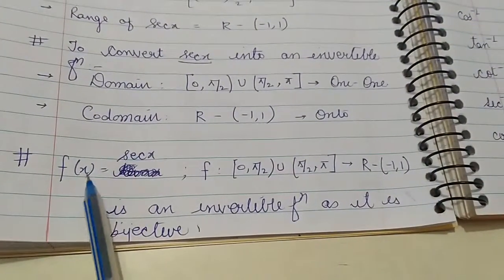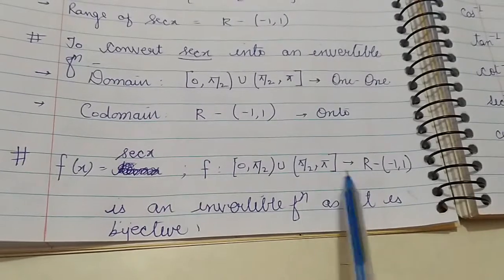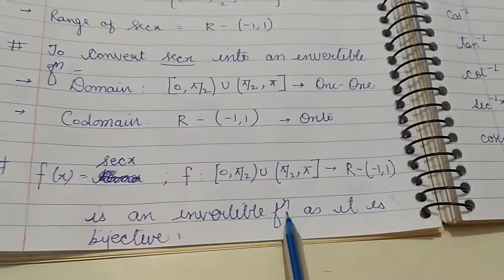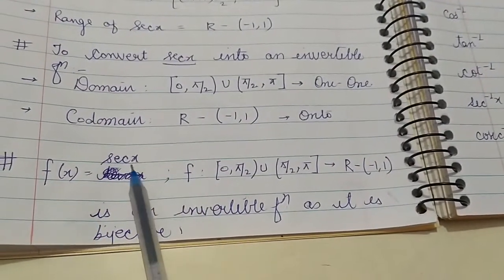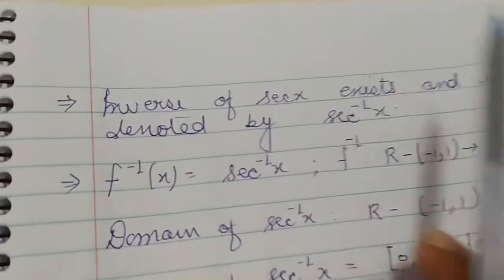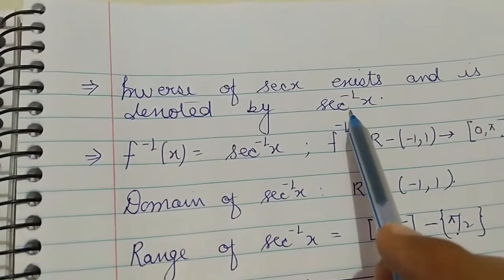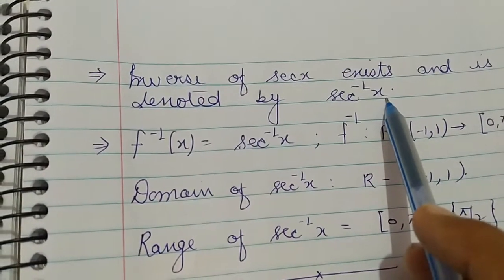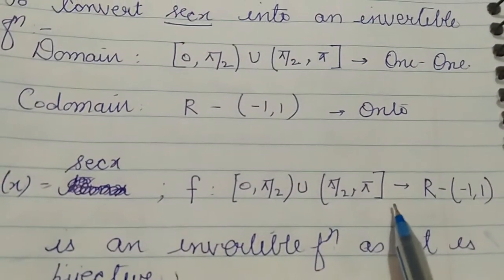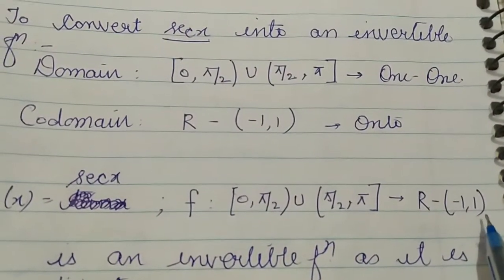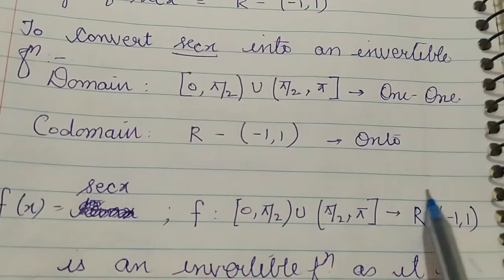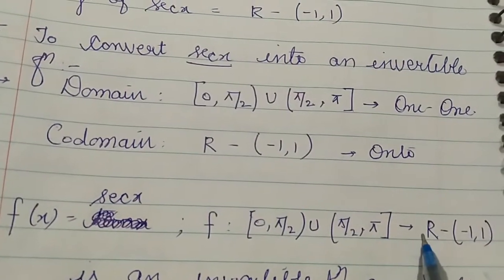And we know that if the given function is one-one and onto, then it is an invertible function. And if sec x is an invertible function under this condition, then the inverse of this function will exist and is denoted by sec inverse x. Since sec x is defined from this set to this set, the inverse of this function will exist from this interval to this interval.